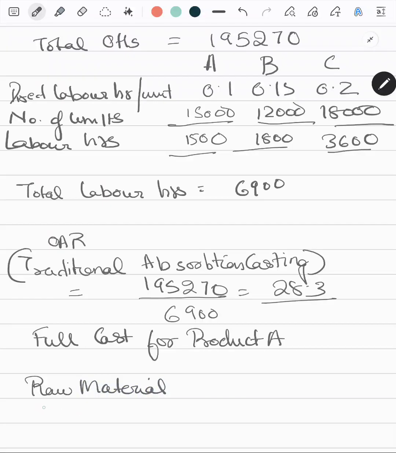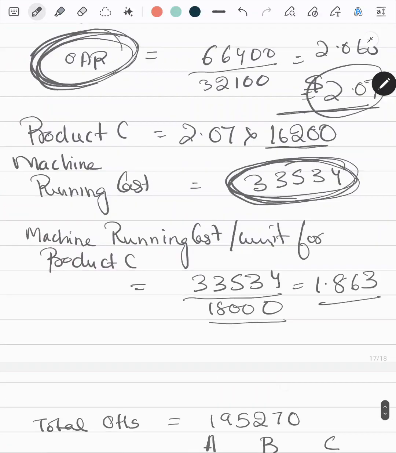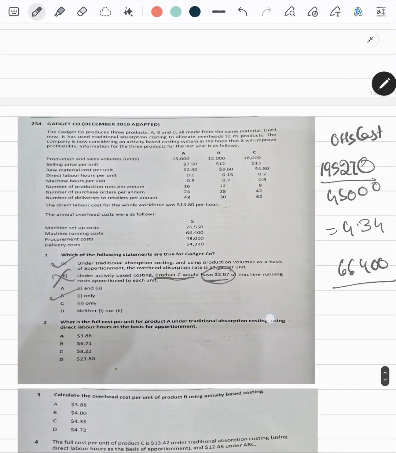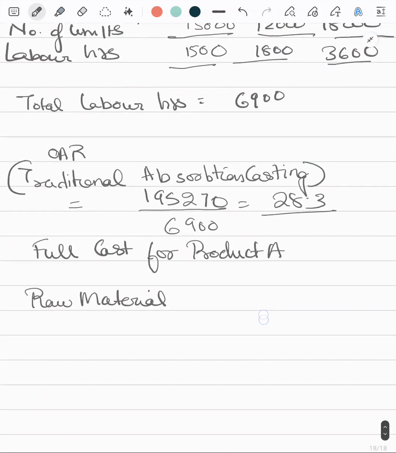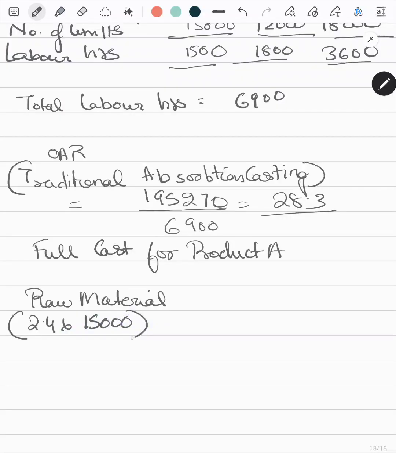So the raw material is 2.4 per unit. So I will do 2.4 into 15,000, which is 36,000.